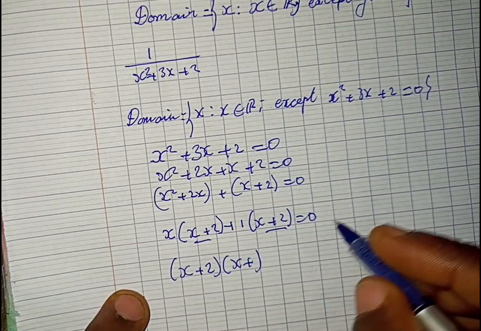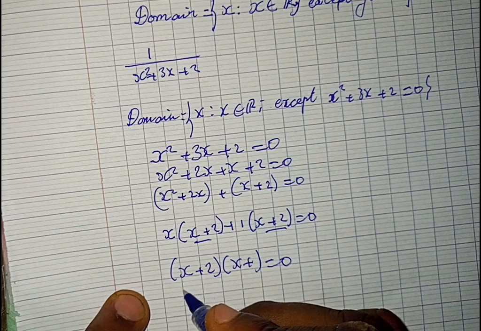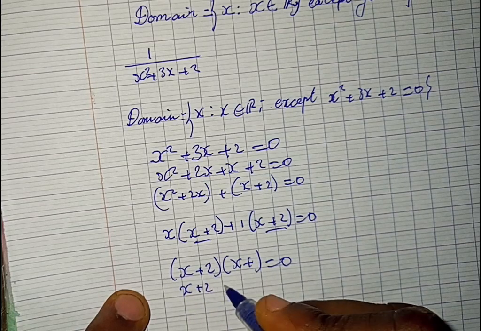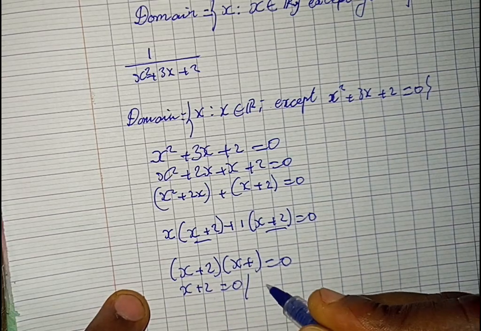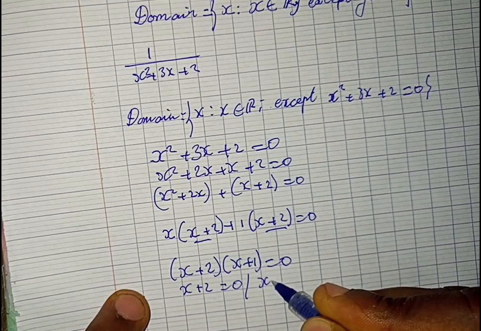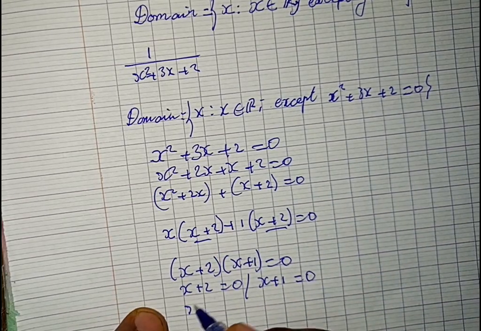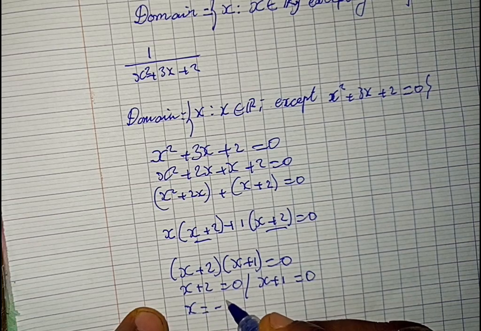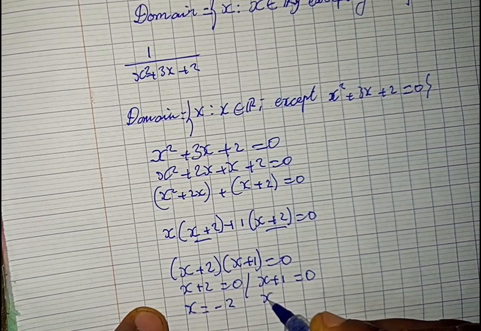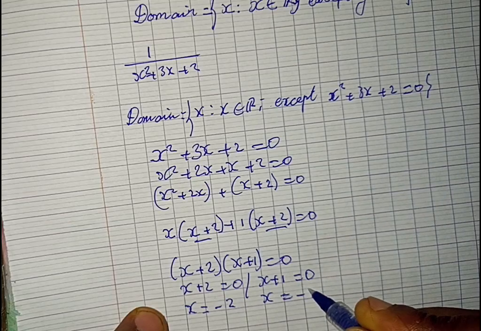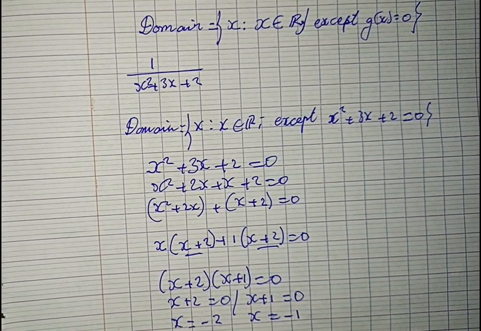So I'll factorize it: x plus 2 times x plus 1 equals 0. That means I have x plus 2 equals 0, and x plus 1 should also be equal to 0. That means x should be equal to negative 2 and x equals negative 1.